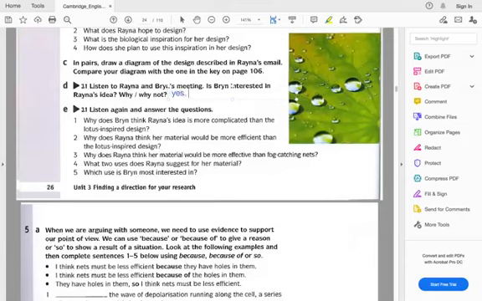So yes, he is interested in her idea, or we can say he becomes interested in her idea at the end.